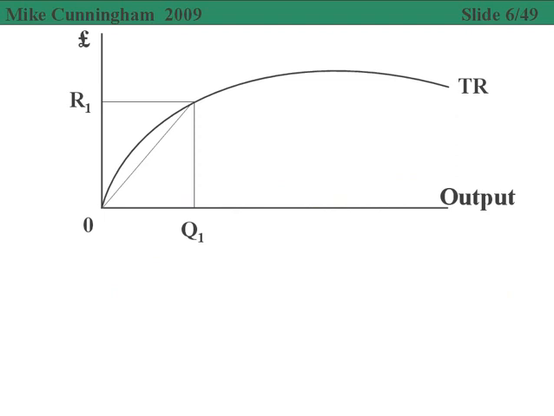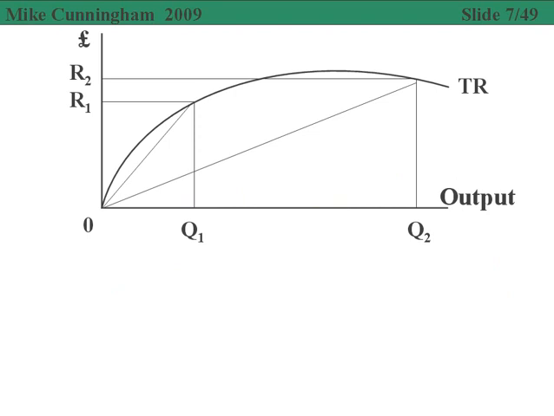So the revenue is R1, the output is Q1, the sales are Q1. Now if we take a different level of output, say Q2, the revenue associated with that will be R2. So you can see that as output is increased, the revenue is increased, but by not as much. It's proportionately less.